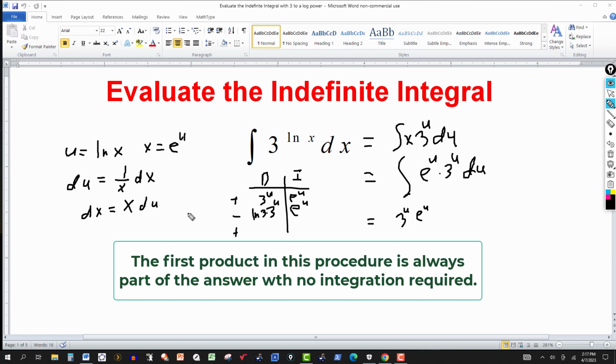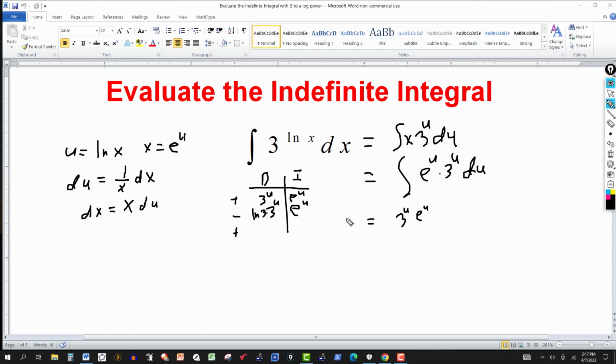And there we go. Second row across, multiply here, and that's going to be an integral. We're hoping that this will be a simple integral to evaluate. So this then will give me the integral of 3 to the u, e to the u du.